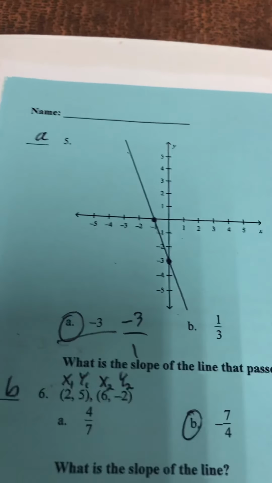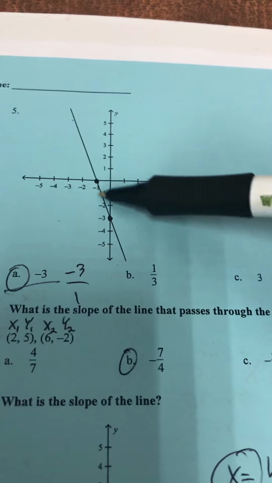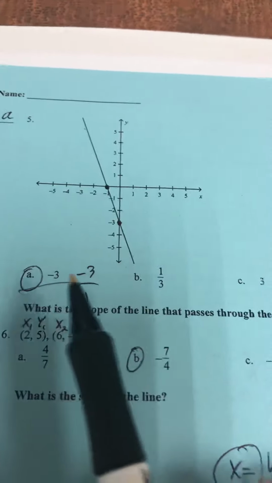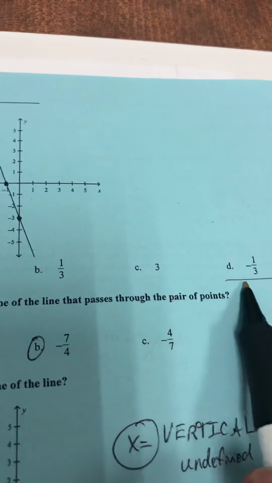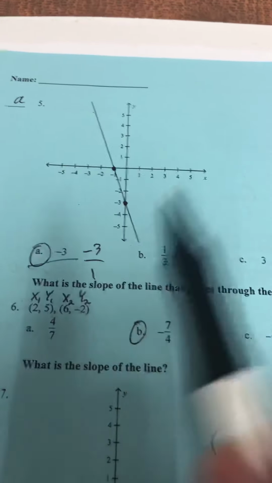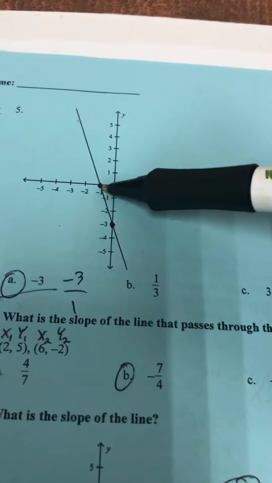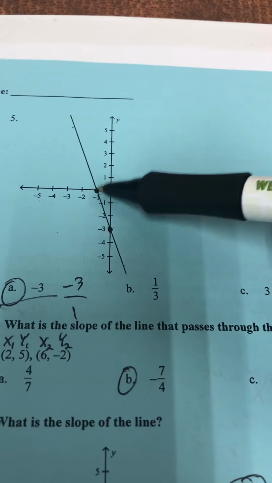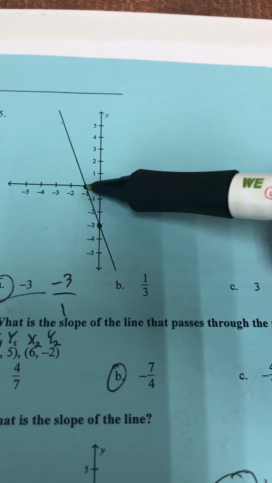Number 5. Here we have a really steep slope. From left to right, it is going down. It's going down very steeply. And so it's going down, so you see either A or D, those are the negatives, okay? And so I have points on this one, so I can go from this point. I put the points in here because it crosses the x-axis here.